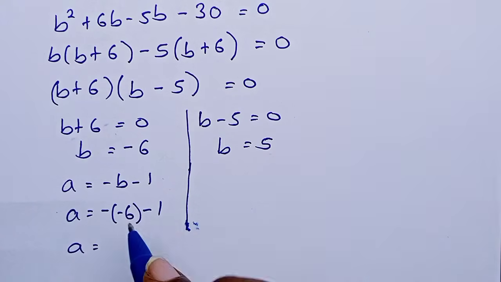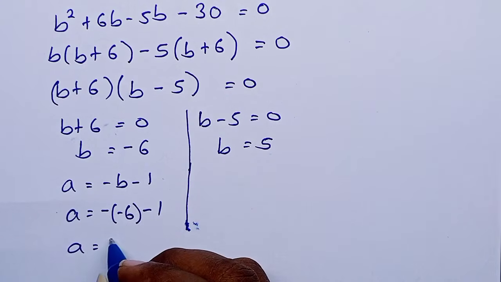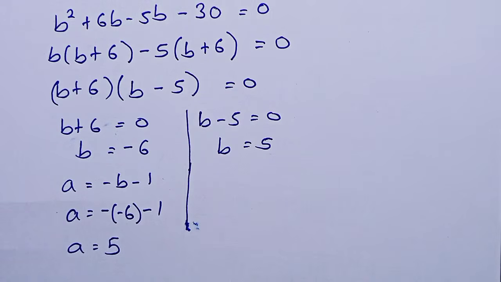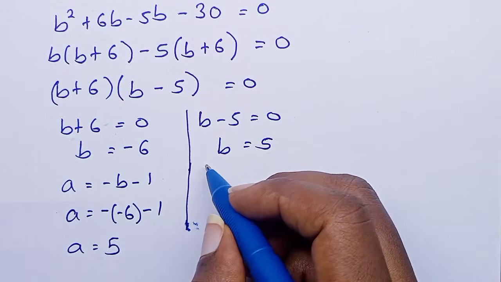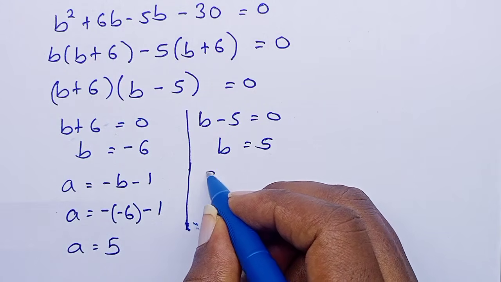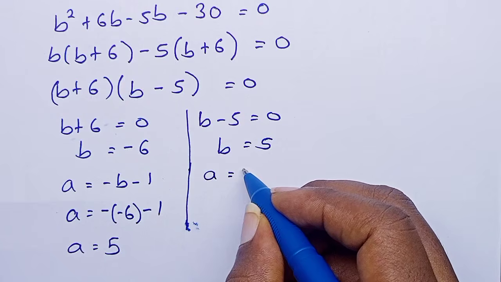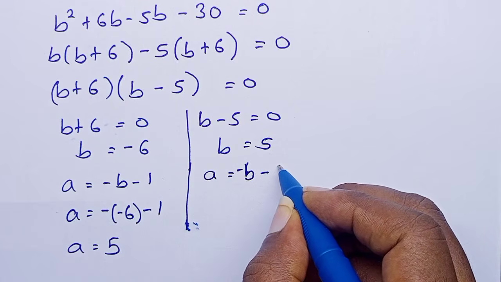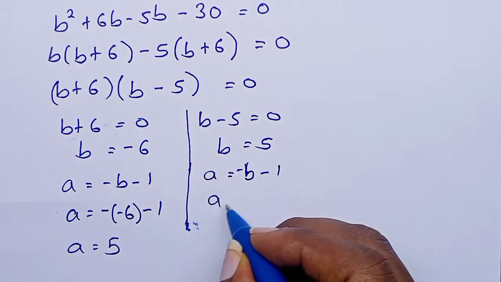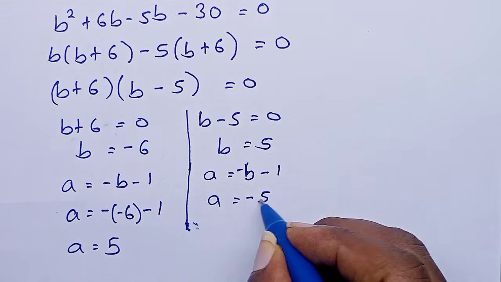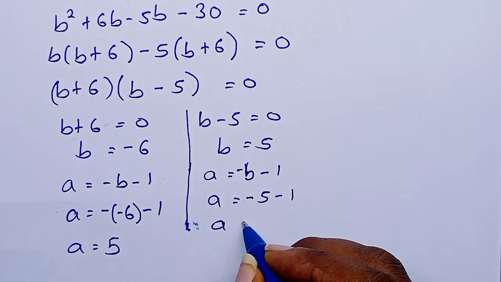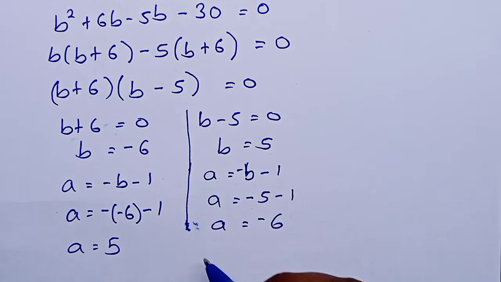So this will be positive 6 minus 1, which leaves us with positive 5. Then for this one, a is equals to minus 5 minus 1, which leaves us with negative 6 as our answer.